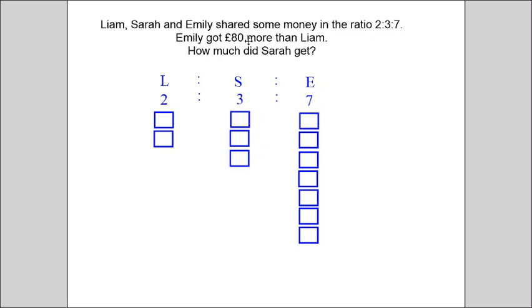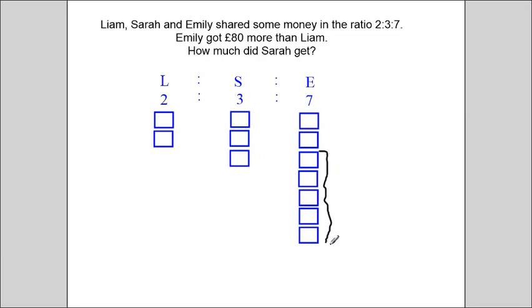Emily got £80 more than Liam. Now these are the tricky ones. These are the ones that always go wrong. There's Liam's, 2 boxes. There's Emily's. Emily has 7 boxes. So those boxes there are what Emily has more than Liam.